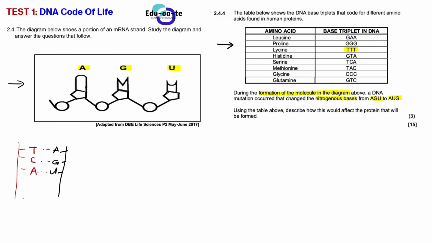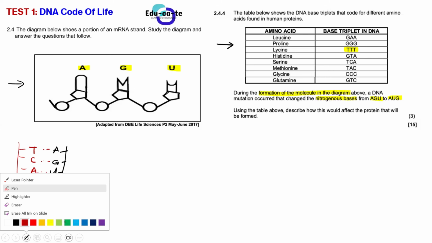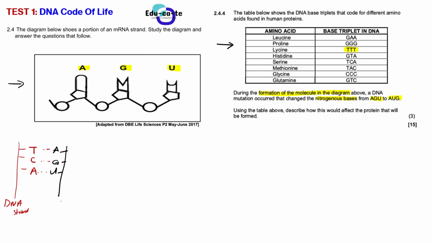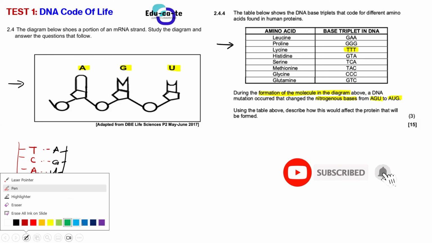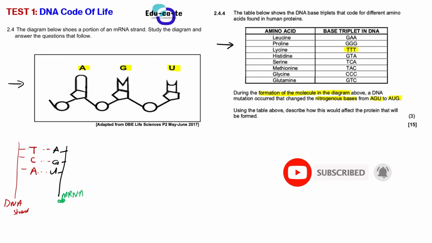So this red strand is the DNA strand that has got the DNA-based triplet TCA, and this is the mRNA molecule having the codon AGU. So we can see that this AGU was supposed to come from the base triplet TCA.